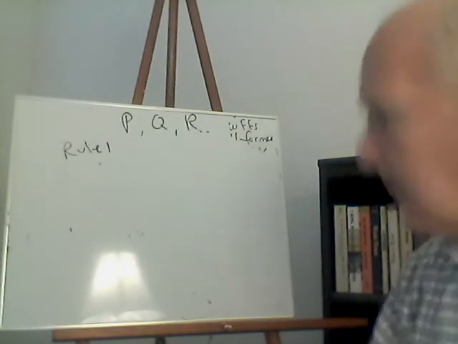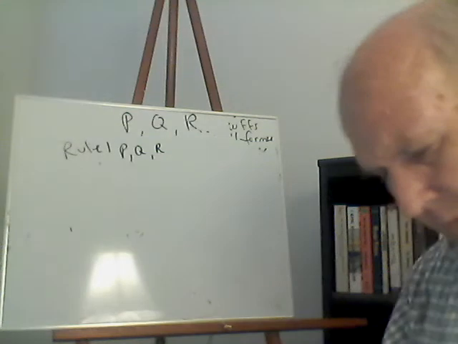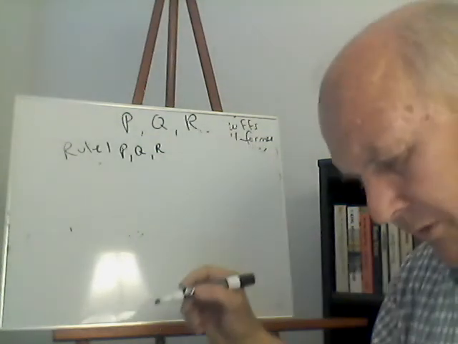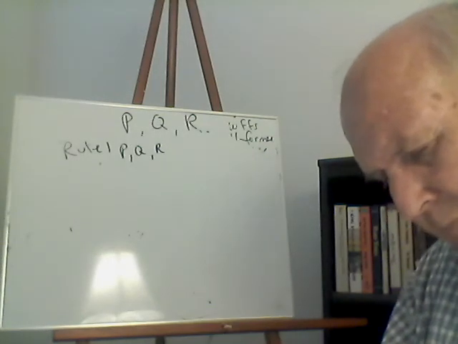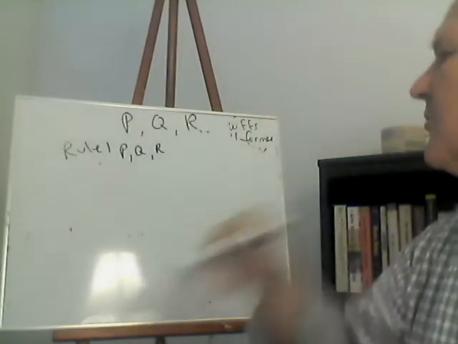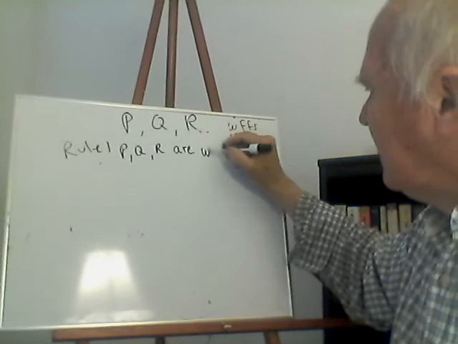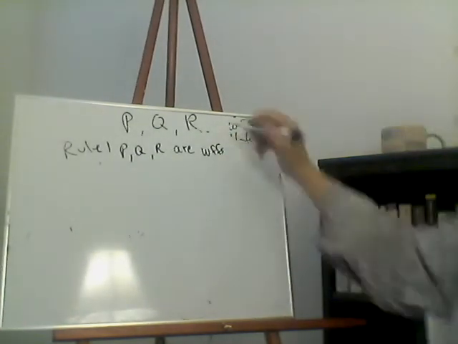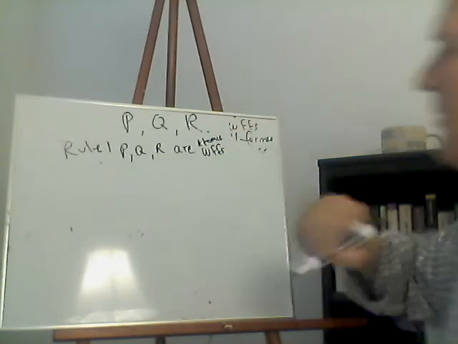So rule 1 is that P, Q, and R are atomic well-formed formulas because they are the simplest and most basic well-formed formulas out of which all the other formulas are created. Okay, that's rule 1. These are the atomic, the simplest elements.